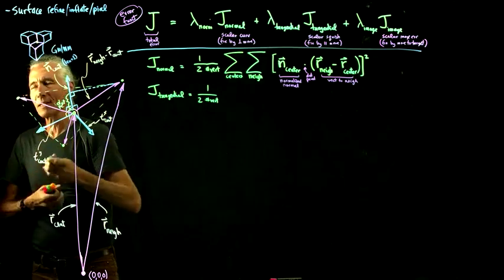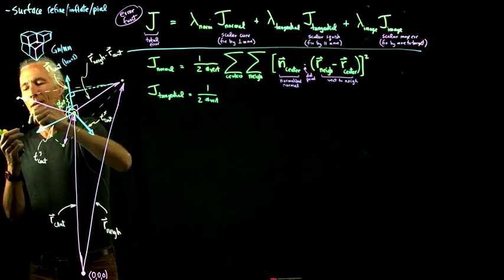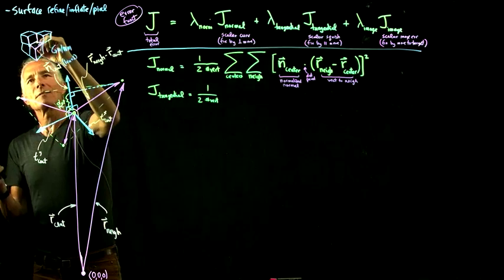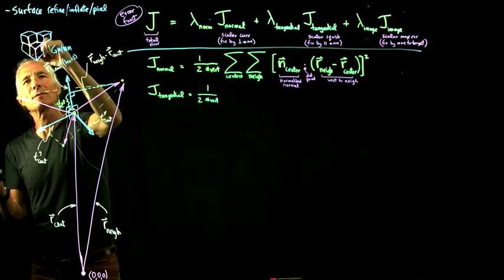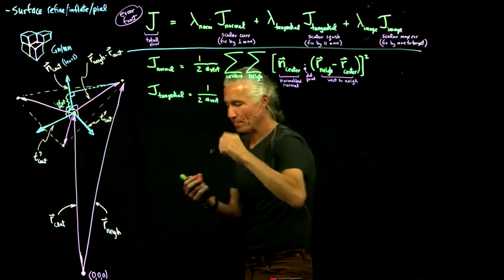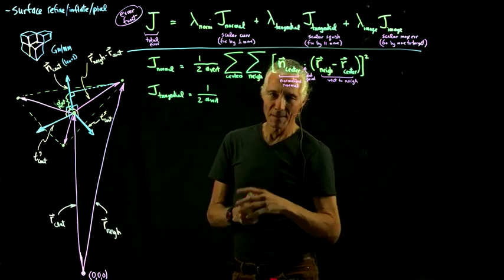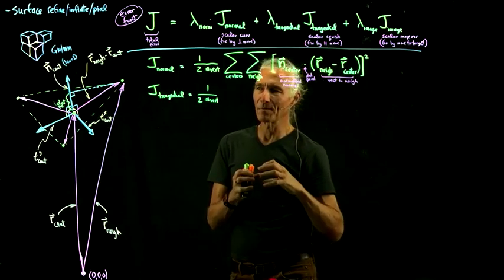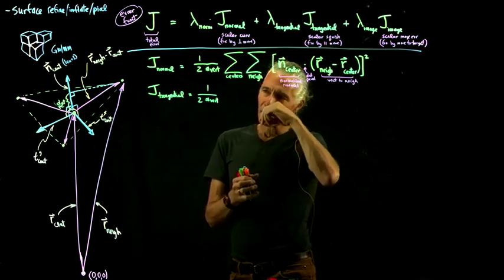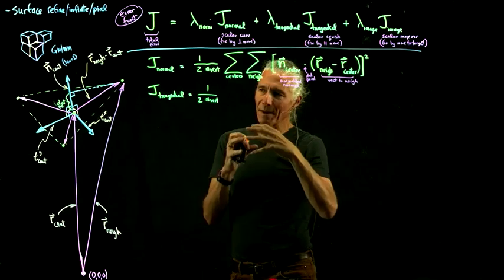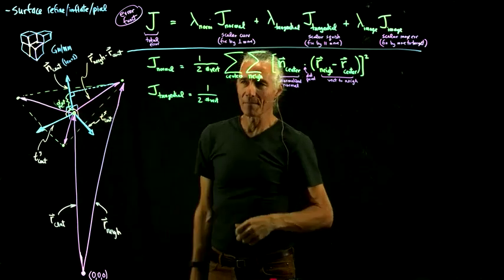You can have up to 6 vertices on this surface. Look at this vertex right here. That one has 1, 2, 3, 4, 5 neighbors. So you can have different numbers of neighbors. But if you think of those neighbors as a cloud of points, and then take the principal components of it, solve the eigenvalue problem, you see what is the best fitting ellipsoid that will fit over those surrounding points.